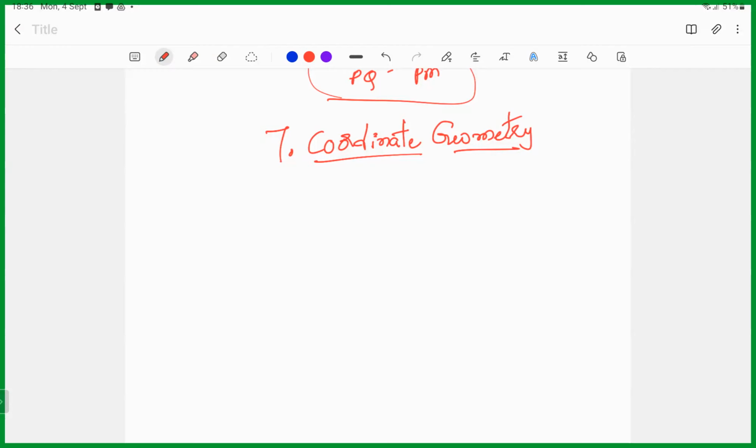Yeah, we can plot the graphs. Using coordinate geometry, we can measure the distance, but that's not the complete coordinate geometry. So that's one of the things of coordinate geometry.